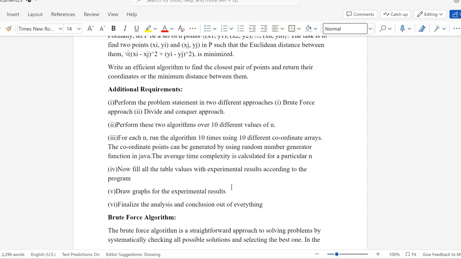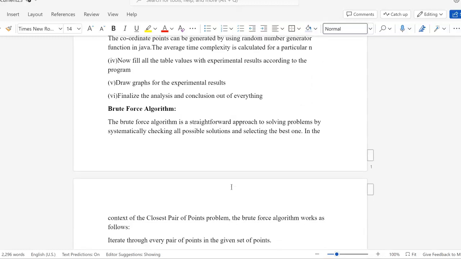For a specific input, we calculate on m different arrays generated by the random number generator. For a specific value of n, the empirical time complexity is calculated by averaging the time complexities of all the different arrays. So, moving on to the brute force algorithm.